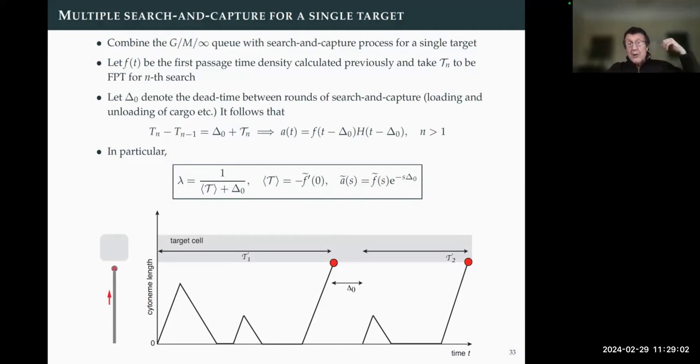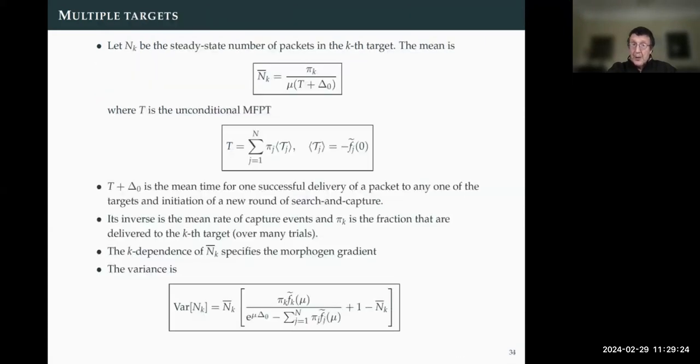And so the rate of arrival for a given target is 1 over the mean first passage time calculated in the first part of the talk plus the dead time, and that gives me lambda. So different targets will have different mean first passage times, and therefore lambda will vary across the system of targets. Okay, and that's basically the idea.